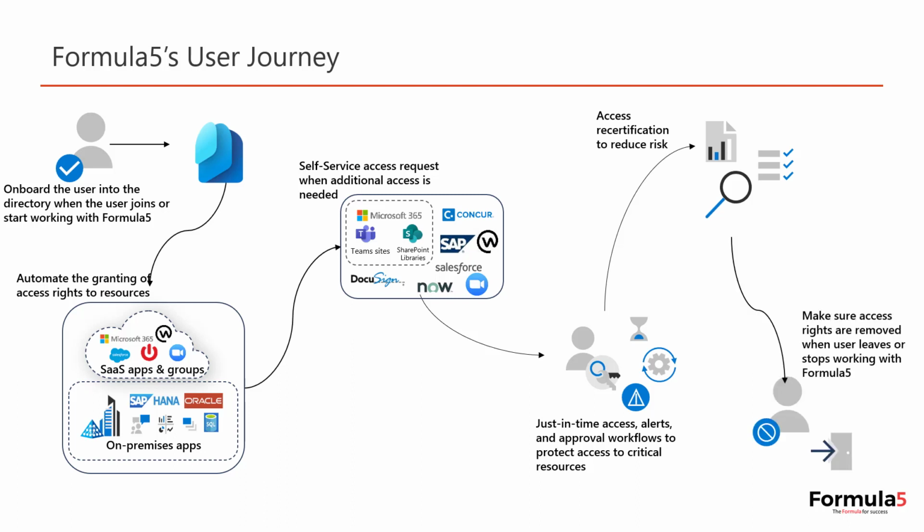And obviously, we want to make sure access rights are removed when a user leaves or stops working with Formula 5. And this is also very important. So you can try to imagine the situation that if we work with a subcontractor, an external person, like a guest user in our tenant, once this guest user is added, this guest user has access to specific resources at the Formula 5 organization.